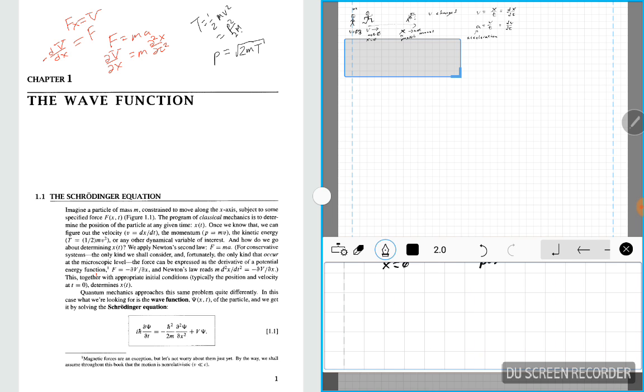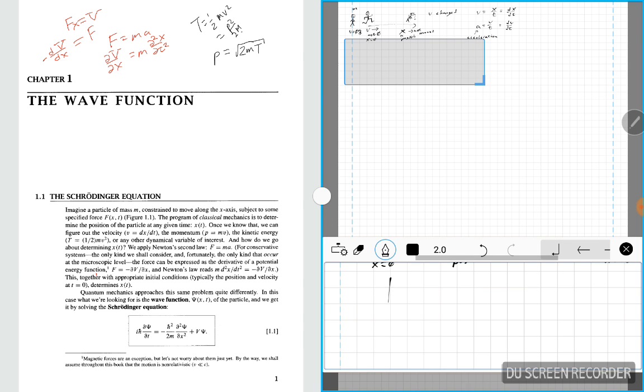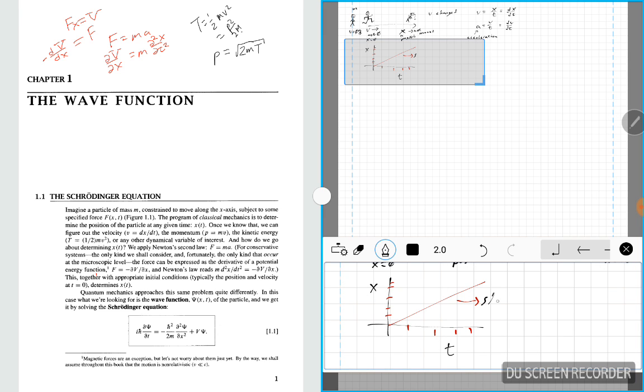If I were to write this as a graph, and I had just some position and some time, and then I had a change in position over change in time. My position is changing, my time is changing. Then the slope of that is going to be the velocity.